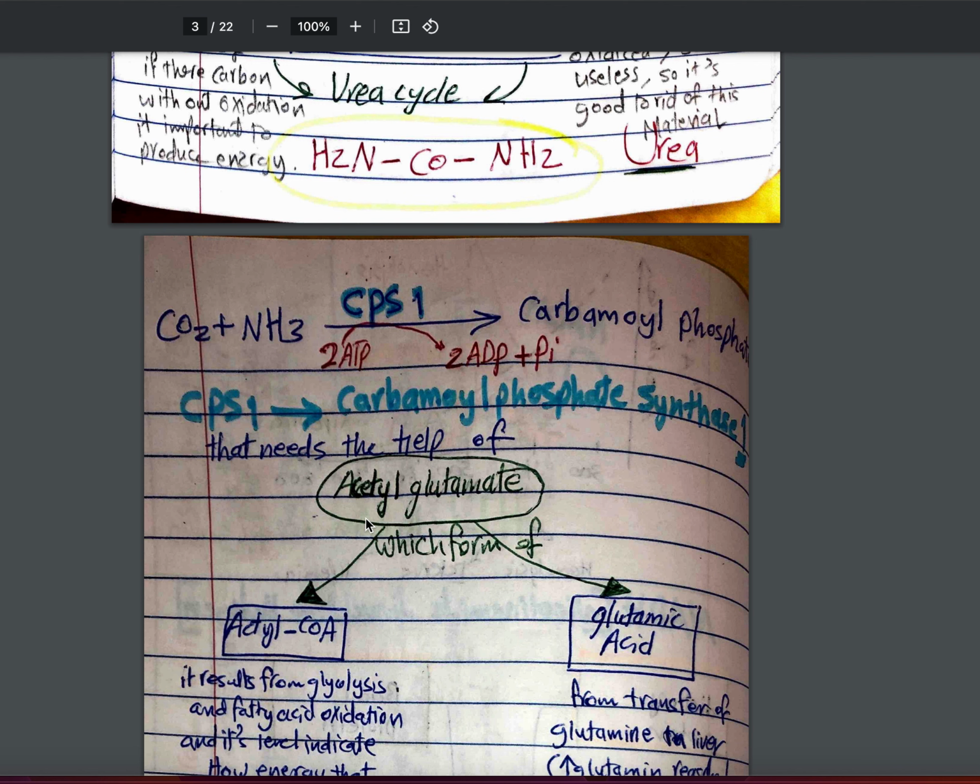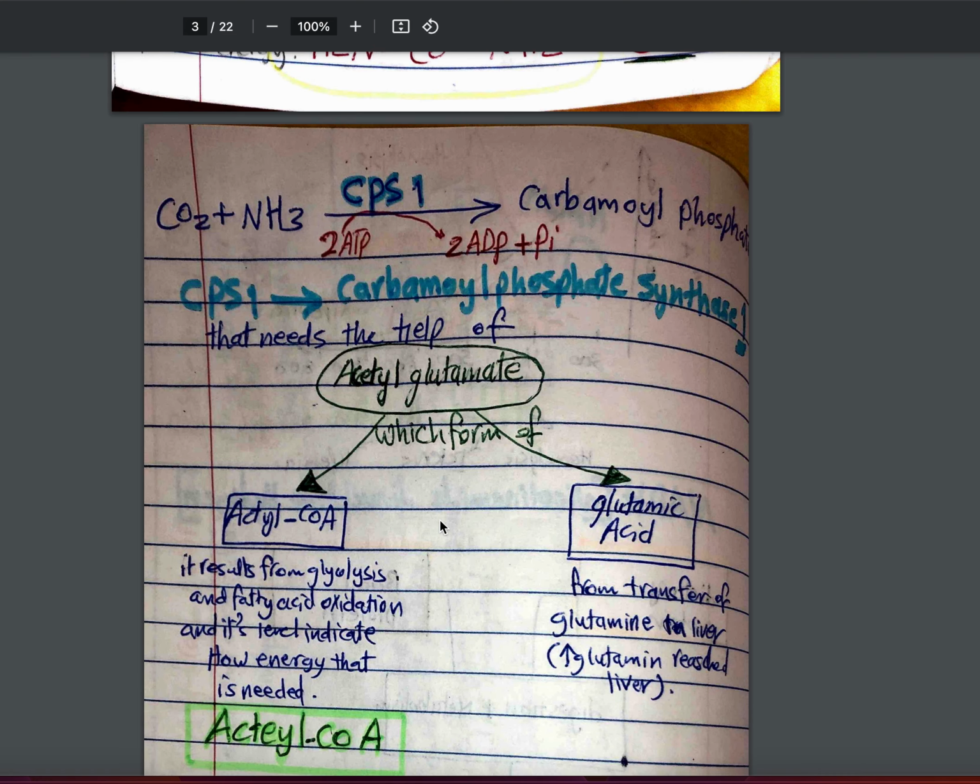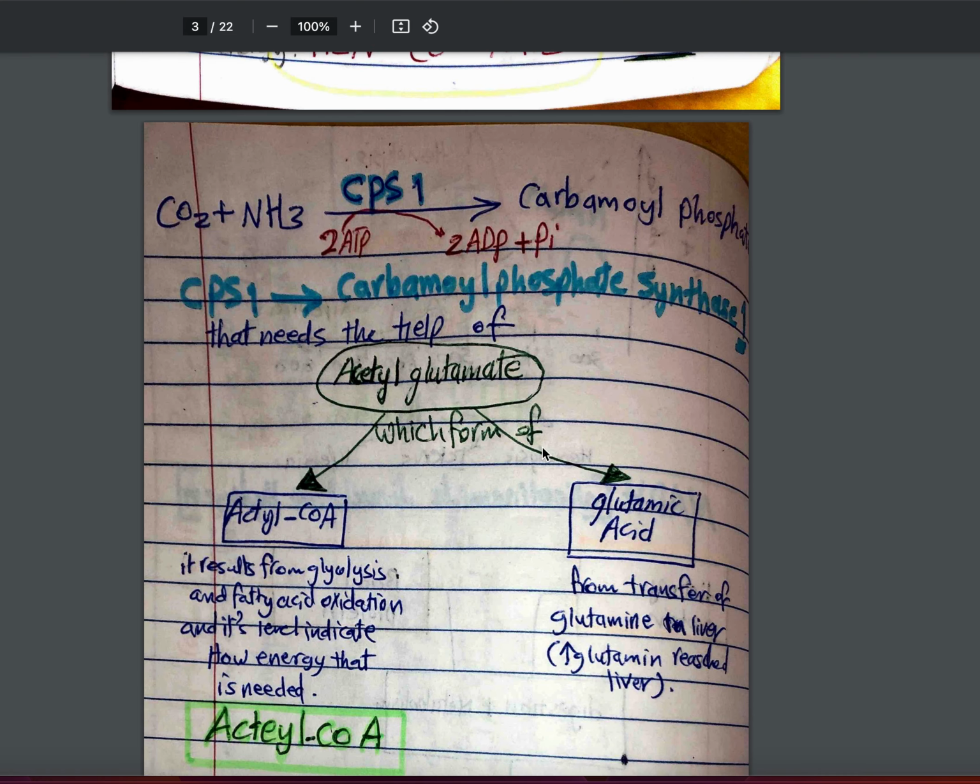Then this reaction needs the help of a cofactor, N-acetyl glutamate. N-acetyl glutamate is composed of two things: glutamic acid and acetyl CoA. Acetyl comes from acetyl coenzyme A, and glutamate is a glutamic acid which ends with the carboxylic group.